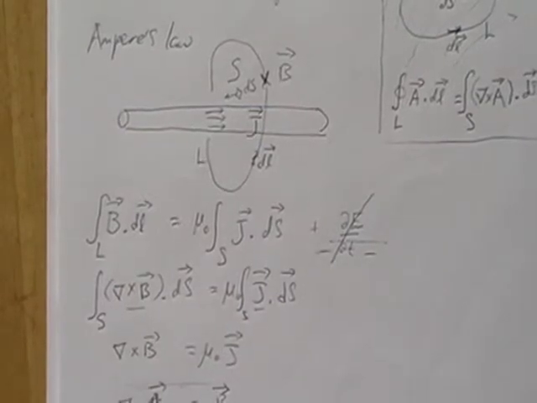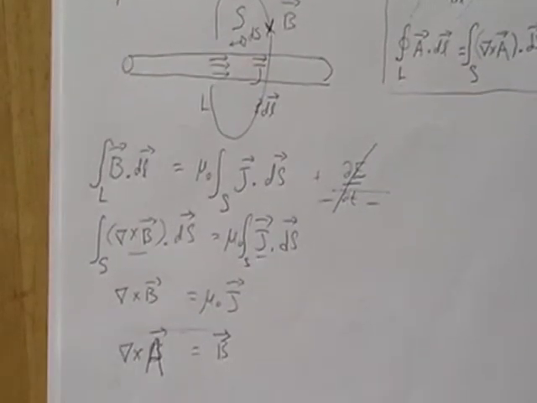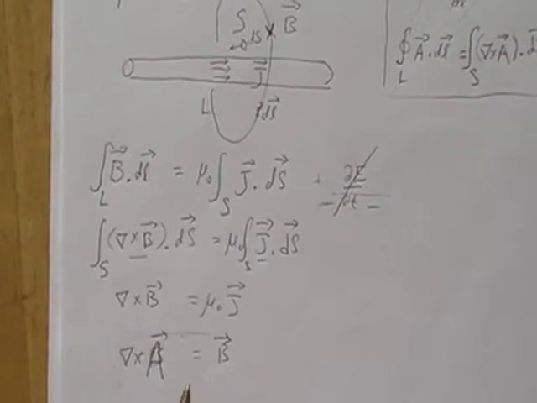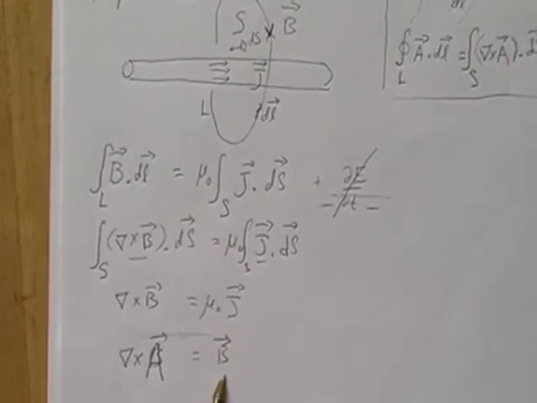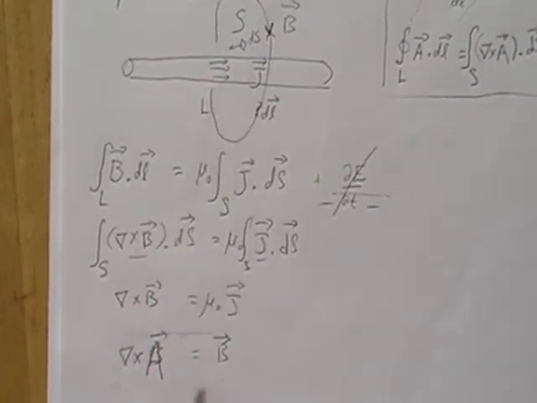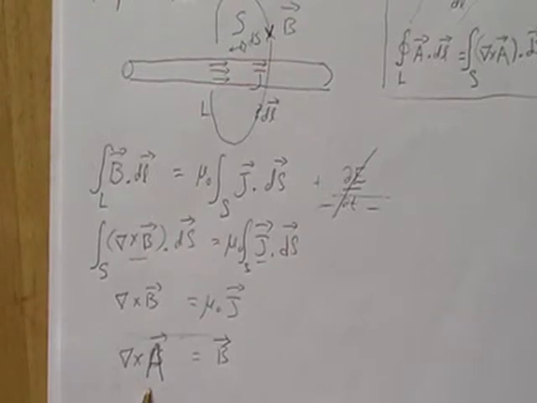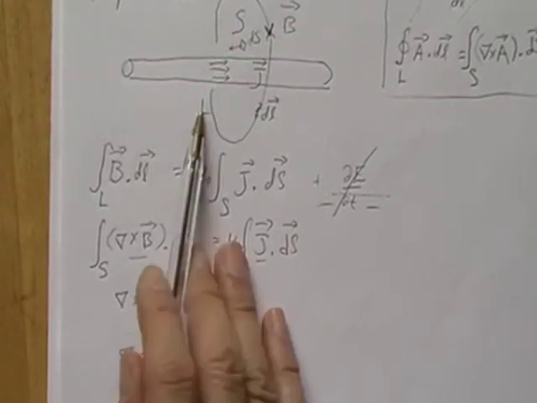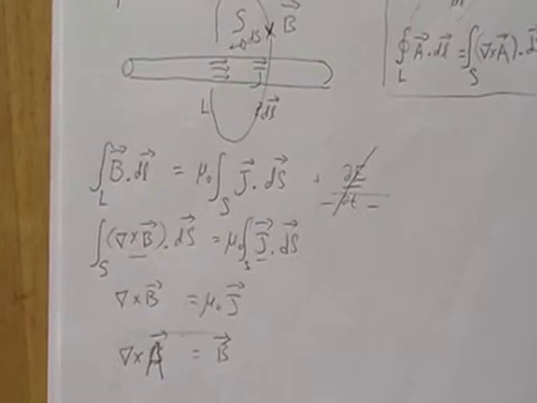Now with this understanding, let's think about applying this result to the vector potential. So from what I've said, if that magnetic field is a parallel and uniform field like the current there, then the magnetic potential must be a circular field.